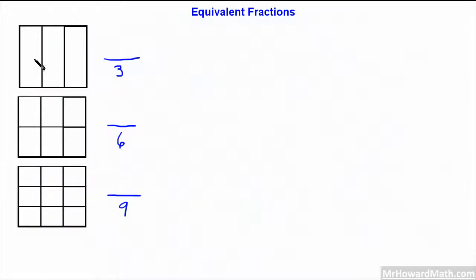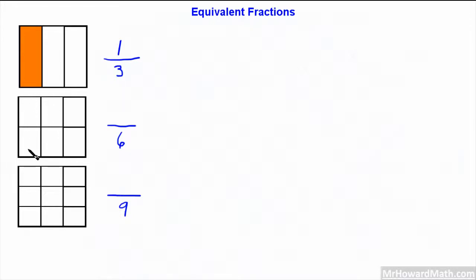So let's say I had this shaded right here, and I asked you to shade these equivalently. So now that we've shaded that, we can tell that we're talking about one part of the 3, so 1/3. So that is equivalent to what in these other 2 boxes? Well, this has 6 total pieces.